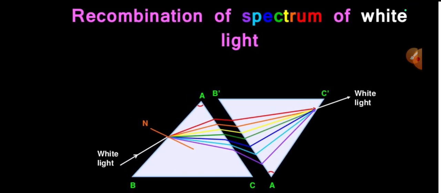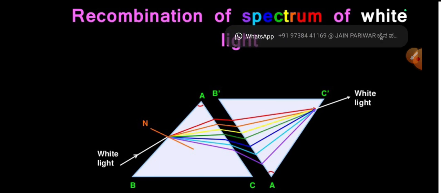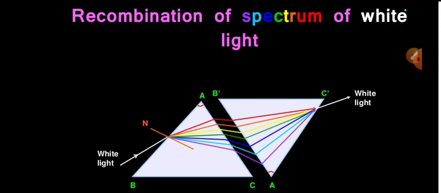Recombination of the spectrum of white light. Newton did this experiment. First, he passed composite white light through a prism. He got seven colors. Those seven colors he again passed into an inverted prism, and then again he got white light.